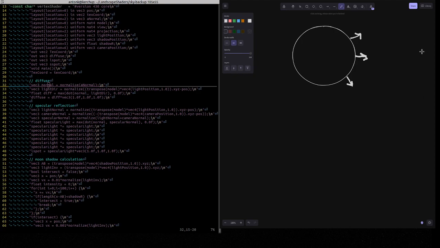And if this is the sun here, then we calculate the dot product between the normal and the light direction. So let's say this is the light direction. It's probably this way.